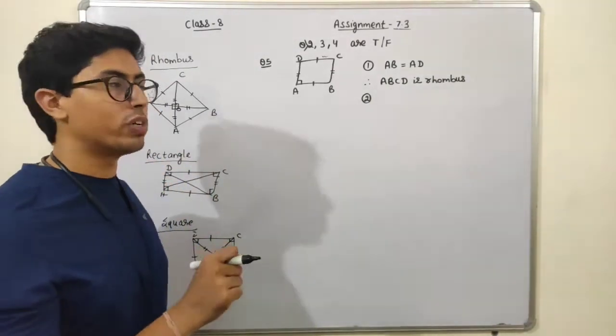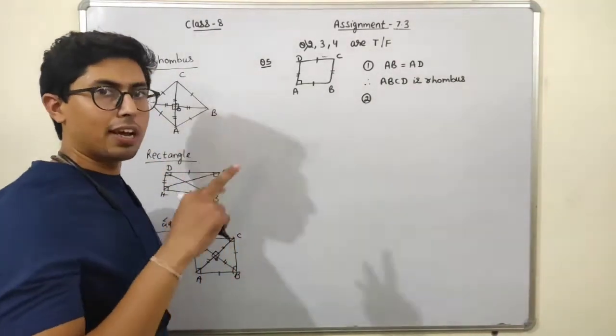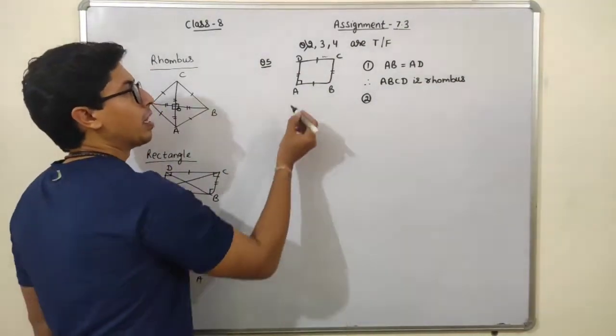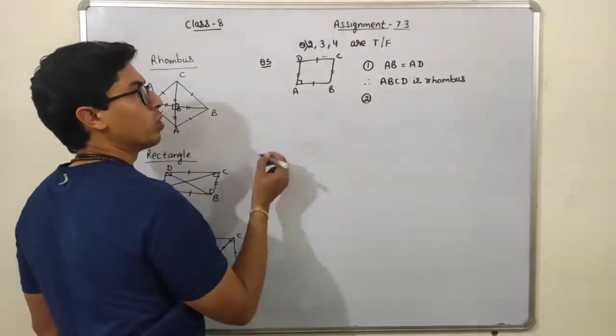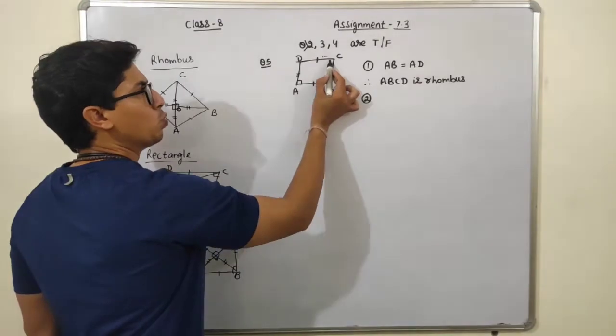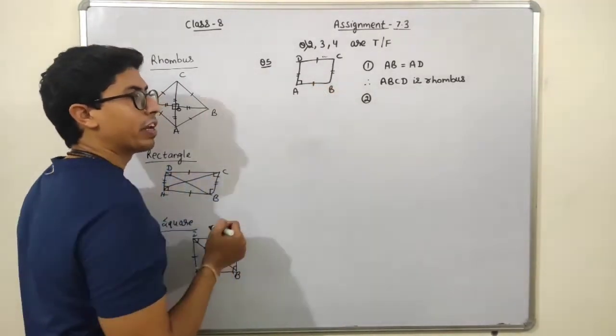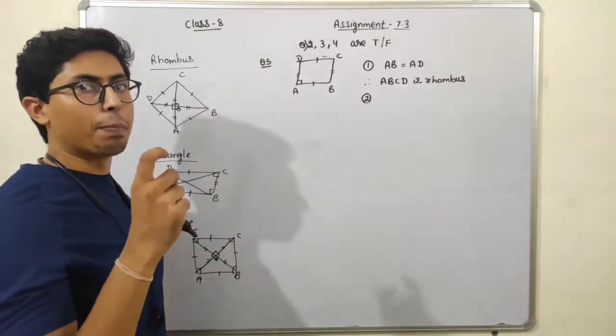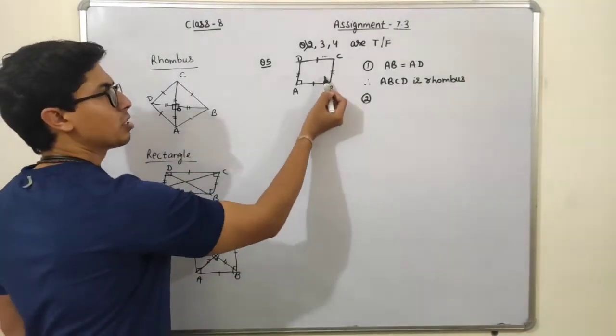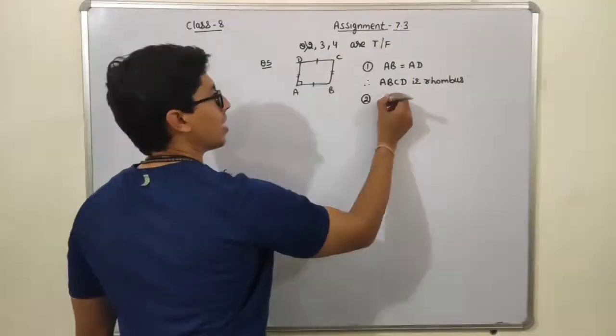Because see, opposite angles of a parallelogram are equal. Now this is 90, this will be 90 also, and the sum of these two will be 180 because of the interior angle property. So if this is 90, this will be 90. So it is a rectangle.